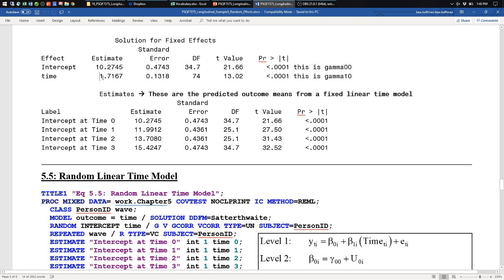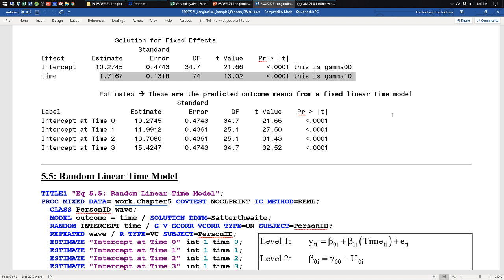Now, in this case, can the effect of time be positive or negative? In general, could it? Could they get worse instead of better? Sure. So a null hypothesis of 0, perfectly reasonable. That means we can stare at this p-value.